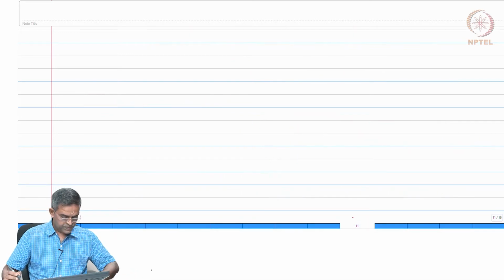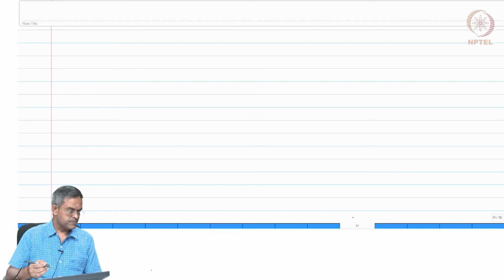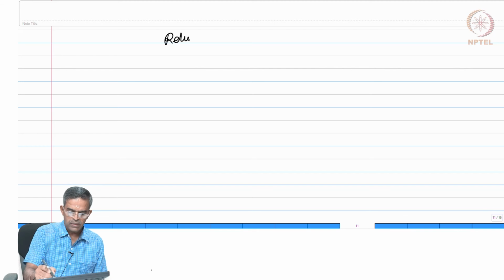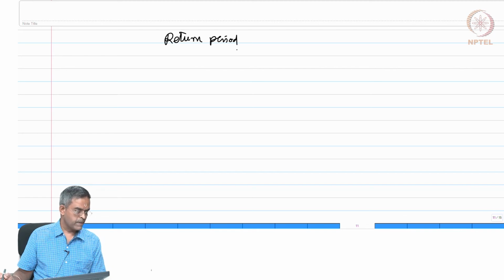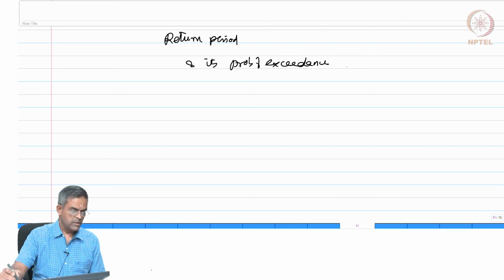Now, friends, we have the return period which is expressed for the environmental loads. We have seen the inverse of the return period also. Now, we have seen return period and its probability of exceedance in 1 year.